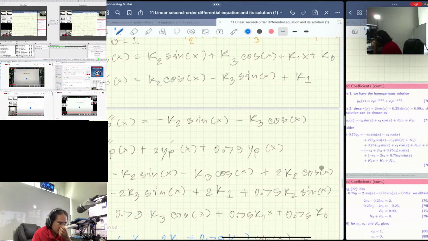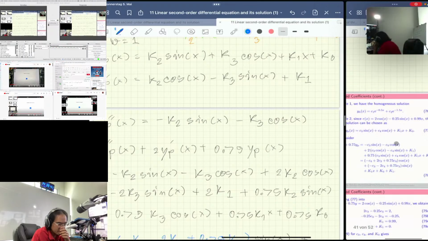Yes, plus 2K2. It can happen that they are wrong here. This is the sine term, right?